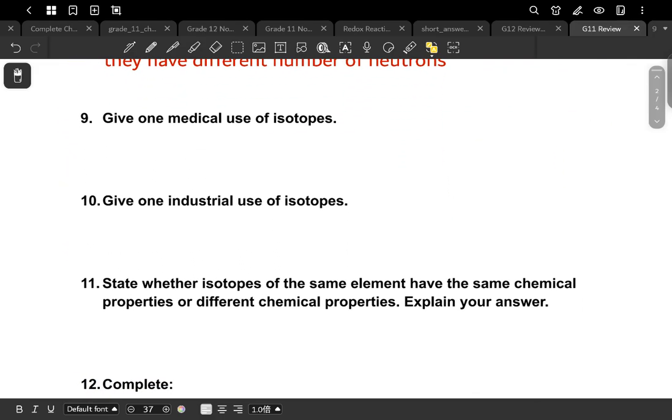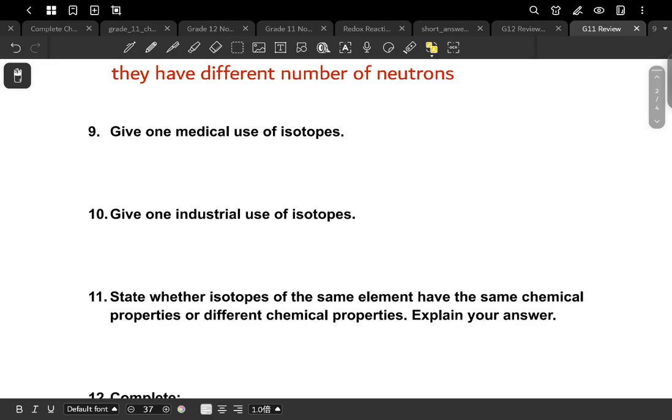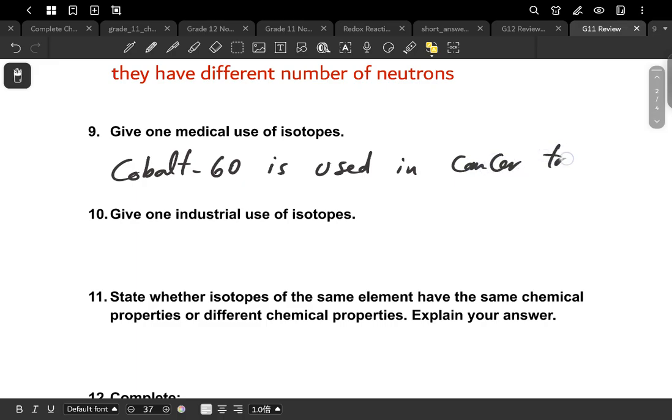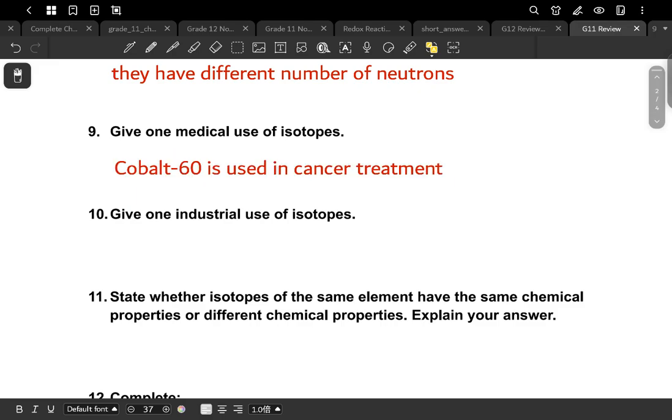Give one medical use of isotope. There are a lot. Let's try one of them. We can say cobalt-60 is used in cancer treatment.